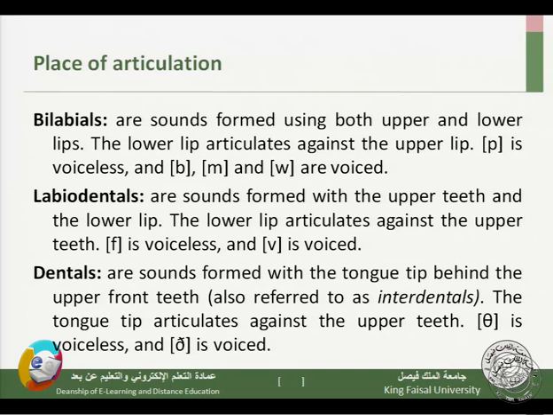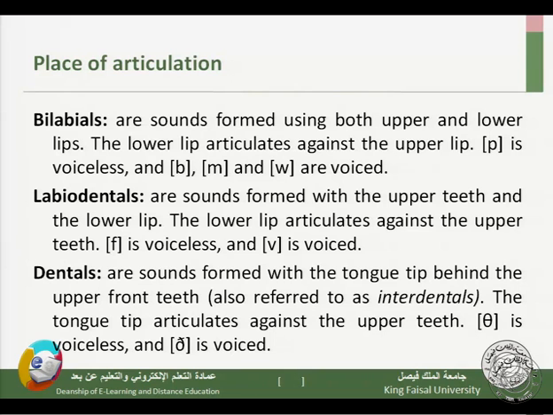The second place of articulation is labiodental. From the word labial, the first one, bi means two, labial means lip. The second one, labiodental, has one lip, and dental means teeth.